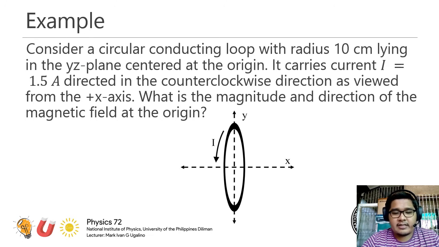So, let us consider an example. Let us consider a circular conducting loop with radius 10 centimeters. So, this is your R. Lying in the YZ plane, centered at the origin. It carries a current I equal to 1.5, and it is directed counterclockwise as viewed from the positive x-axis. So you can imagine this as this one.